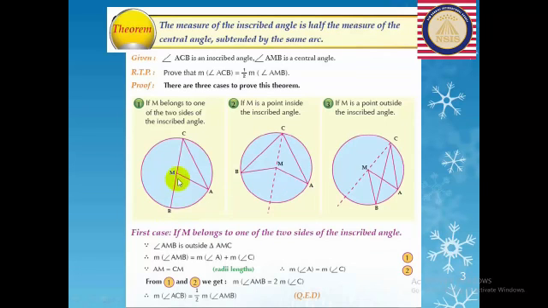And I have three cases here. First case, if M, the center, belongs to one of the two sides of the inscribed angle, or if M is a point inside the inscribed angle, or if M is a point outside the inscribed angle.